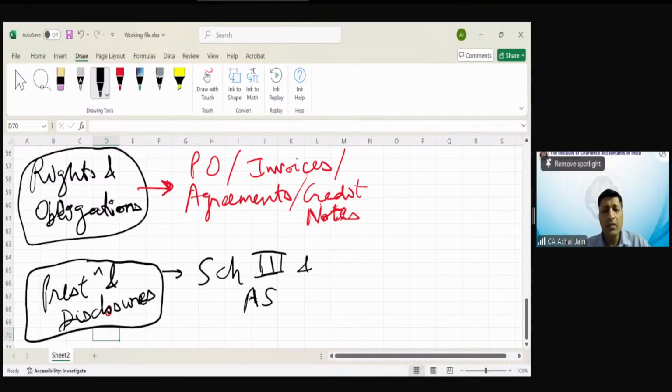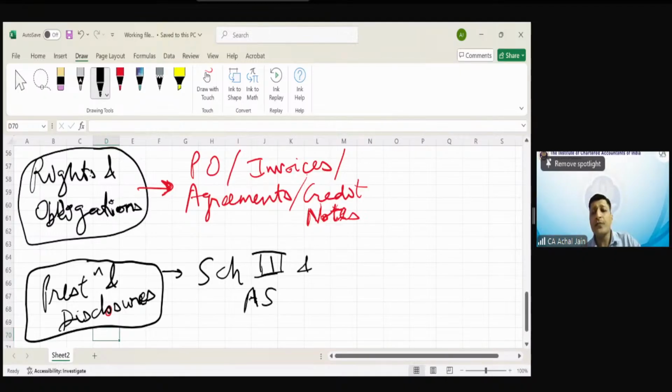Yes or no? So as an auditor, you will ensure compliance in terms of Schedule 3 and the various requirements of accounting standards, whether that has been taken care of or not. Okay. Clear?